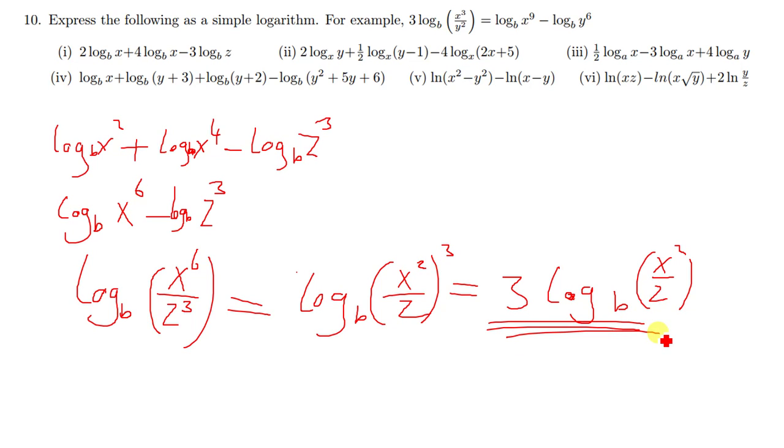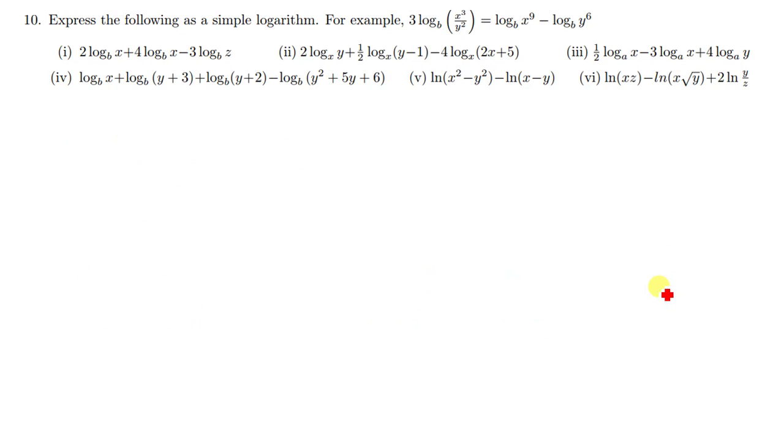Yes, so this is basically what you need to do. Let's move on to the next question. You can choose any questions from there. So here, you raise this to that, you raise this half to that, then you combine them.